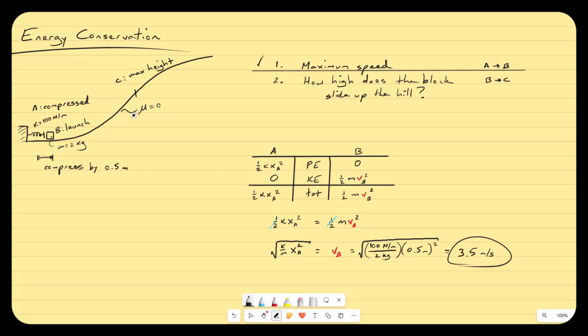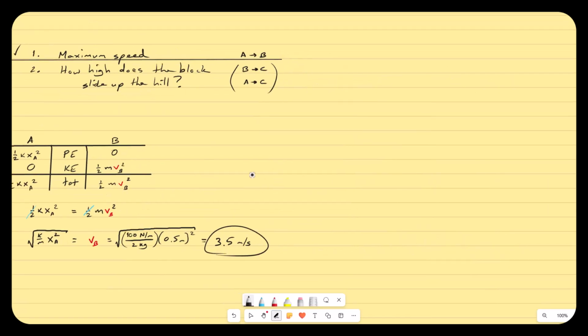Or I could say, all the energy I had at the start, if the energy at A is the same as the energy at B, and the energy at B is the same as the energy at C, then I could go straight from A to C. Either of those is an option. I'm going to add an extra column into here, because my total energy is the same anyway.